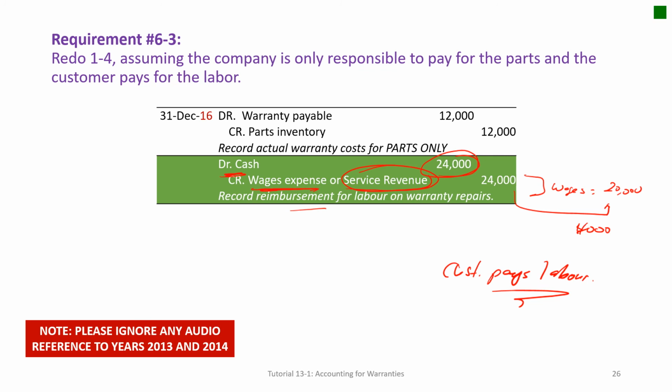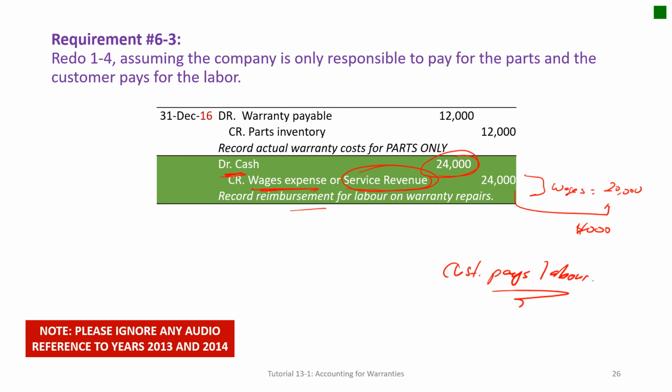But really, this becomes an opportunity for companies to earn additional revenue through servicing the products that they sell. And so that's what happens here. So in this case, we could say that we're going to have additional revenue of $24,000, and somewhere in the background they would be tracking what the associated expense.